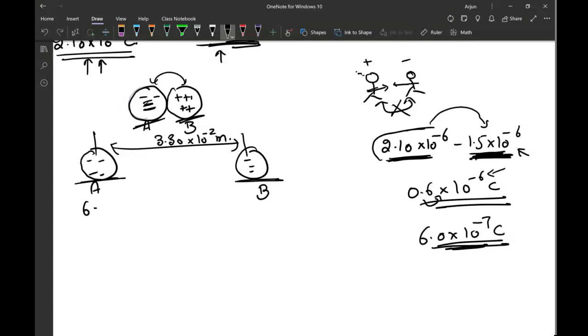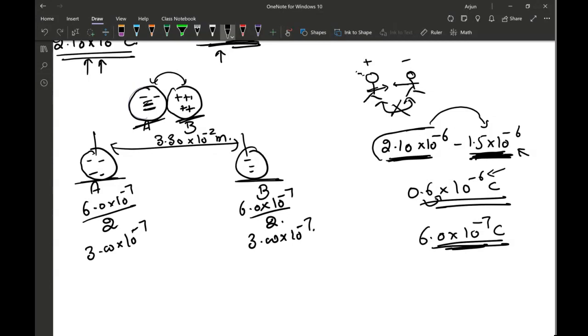So this will be 6.0 times 10 to the negative 7 divided by 2, and 6.0 times 10 to the negative 7 divided by 2. That will come out to be 3.00 times 10 to the negative 7. Both will have the negative charge now.